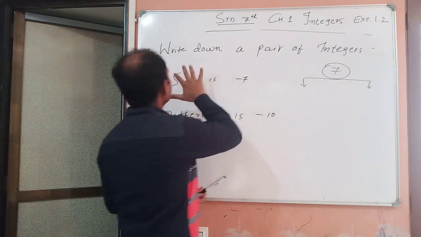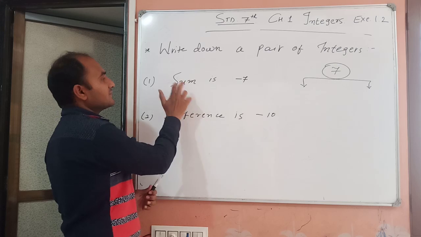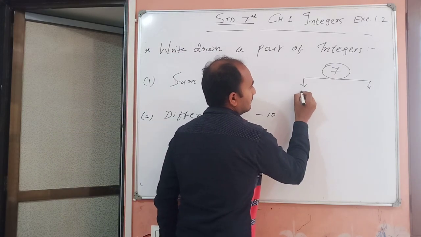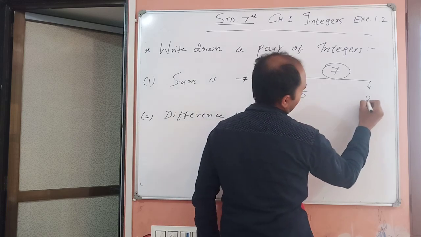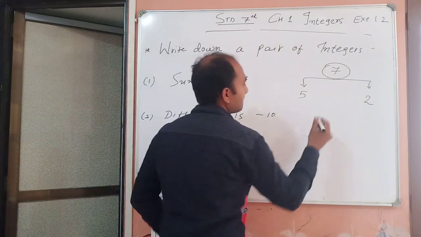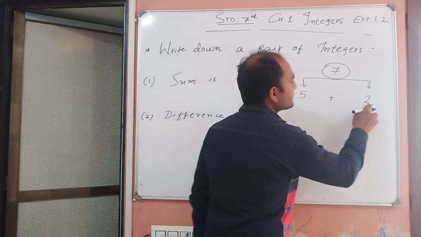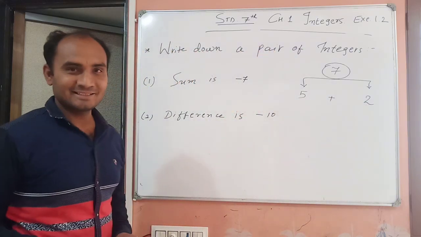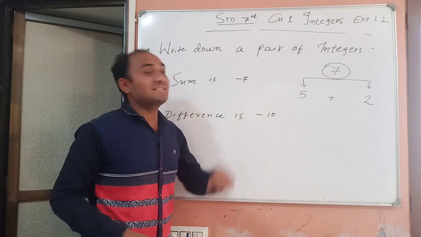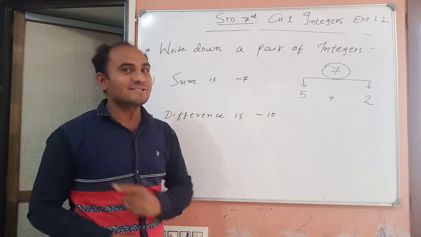Number 1, write down a pair of integers. First, 5 and 2, and the sum 5 plus 2 is 7. Yes, absolutely right. But here the symbol is minus.